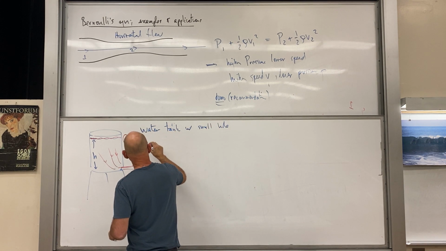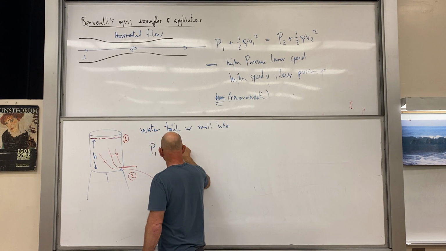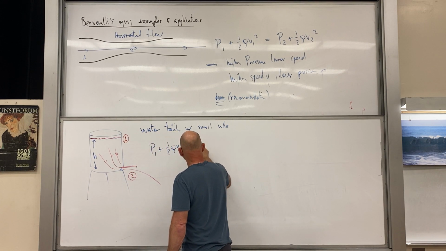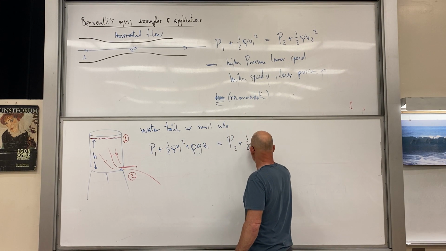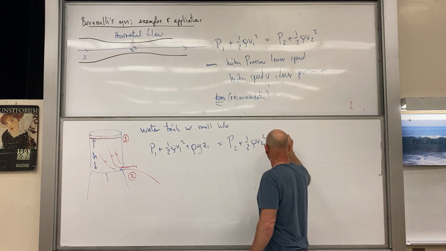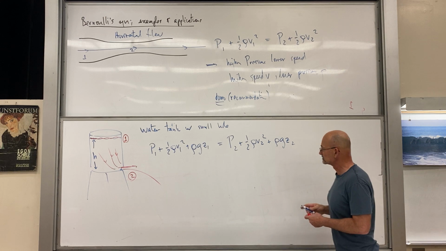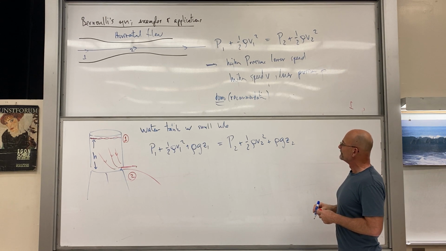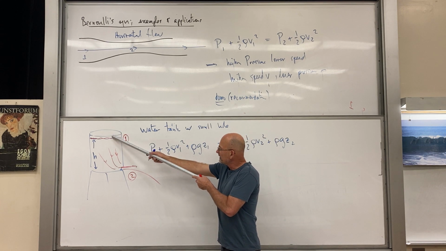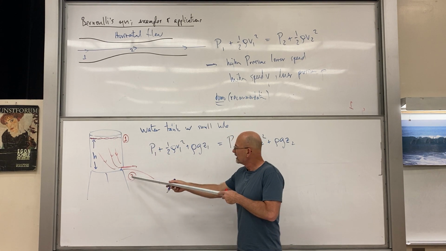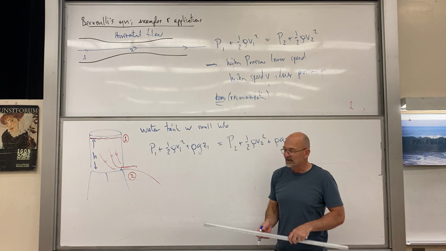And then we take Bernoulli's equation. Now we have P1 plus 1/2 rho V1 squared plus rho g Z1 equals P2 plus 1/2 rho V2 squared plus rho g Z2. And what are the two pressures? Well, the pressure at the top here is atmospheric pressure, and the pressure on the water where it's emerging is also atmospheric pressure.